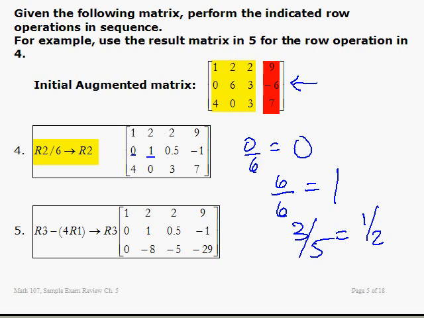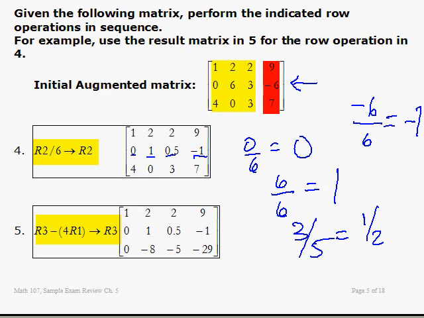And you have a minus 6 divided by 6, which is the minus 1. Now, you take the results and you store them back into row 2.